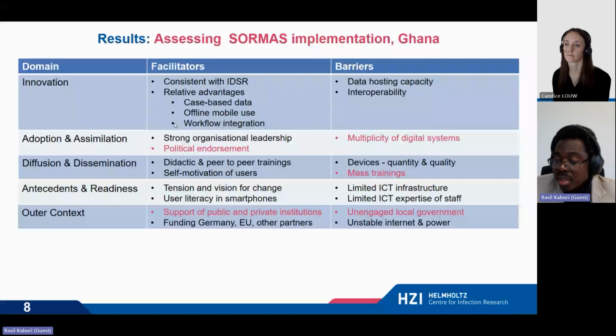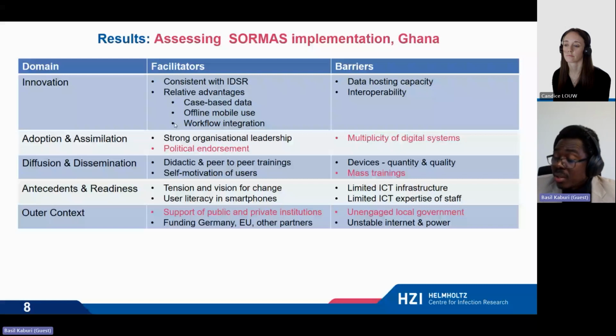And this was particularly enhanced during the pandemic. From the very outset, it was multidisciplinary acceptance of the system, but in the pandemic, they really worked very well together. Of course, the inventors from Germany and financial support from EU and other stakeholders like WHO, CDC supported the scale-up.